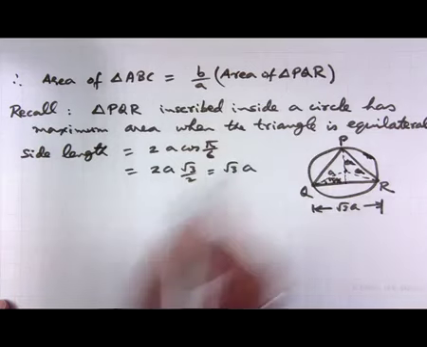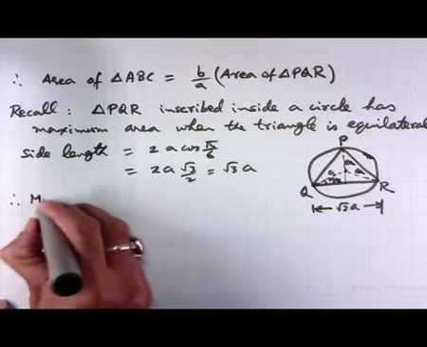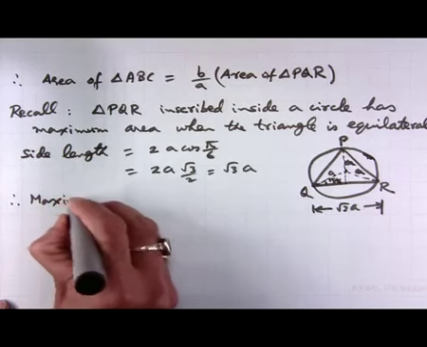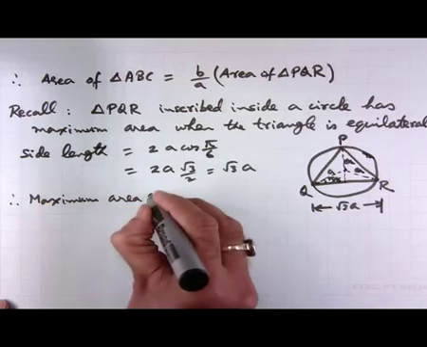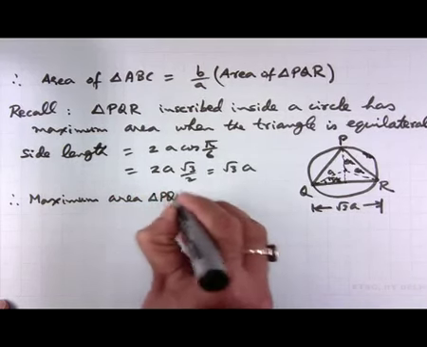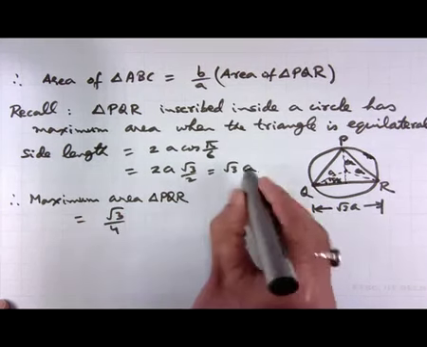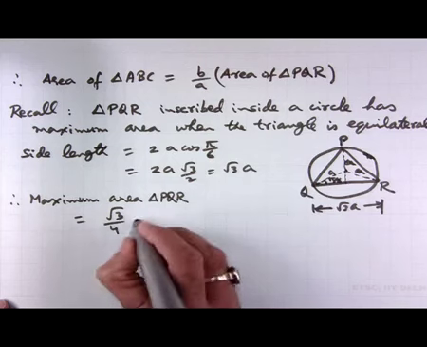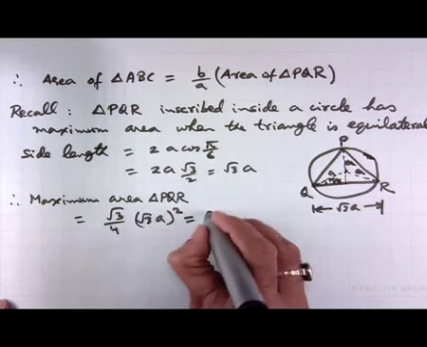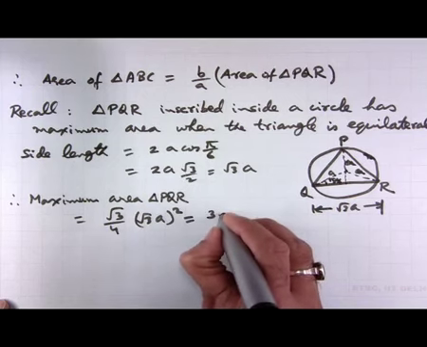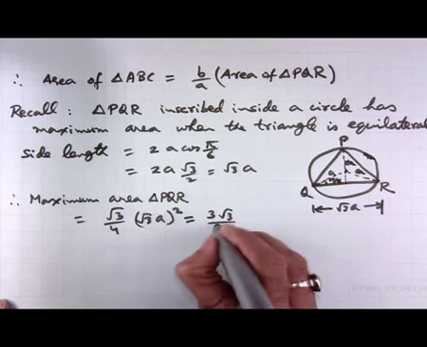and therefore, maximum area of triangle PQR is equal to root 3 by 4 times side length square, root 3 A square, which is equal to 3 root 3 by 4 A square.